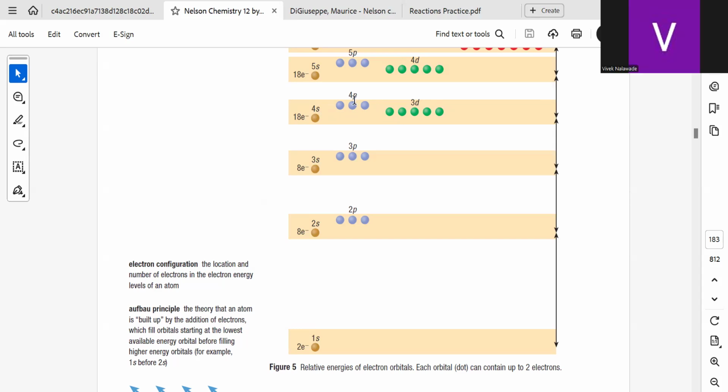This is what I told you when we did the filling of electrons in the electronic configuration.